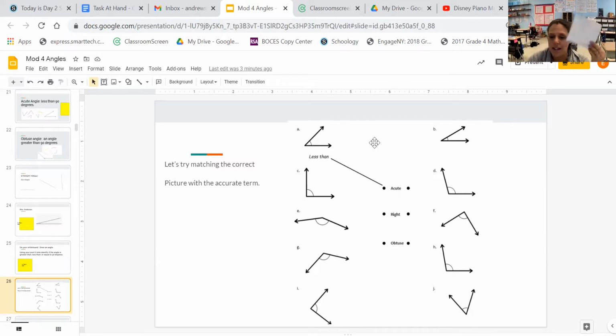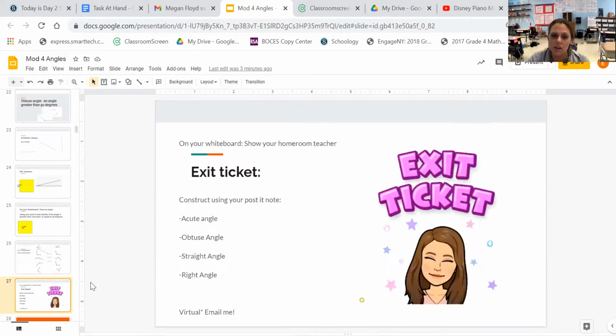Obviously, we can't write on it, but we can hopefully identify if the angle is greater than, less than, or equal to a right angle. And then we can say which one is with which. So go to the Google Slides. This is slide 26 in Schoology with your Post-it note and just put it right on the screen. Line it up and identify if it's greater than, less than, or equal to.